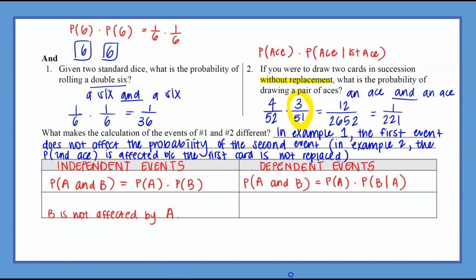For this particular example, the probability of B given A means the probability of event B occurring given event A has already occurred.